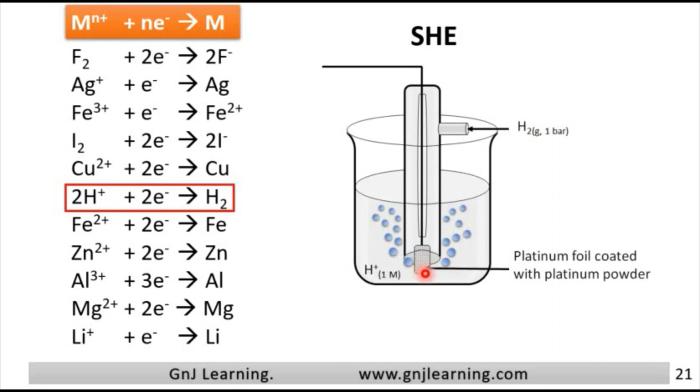On the surface of this platinum, gas bubbles will react with H plus, or will transfer electrons with H plus. That transferred electron is received by platinum and will pass through this external wire. So the purpose of platinum is to be a part of this electrode, but without taking part in the reaction.